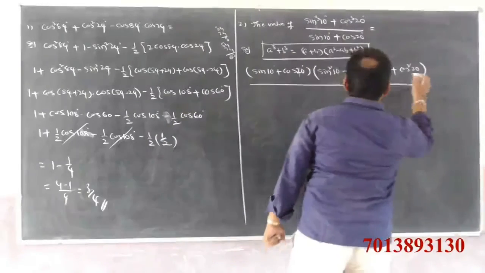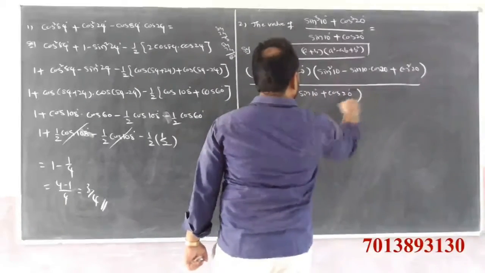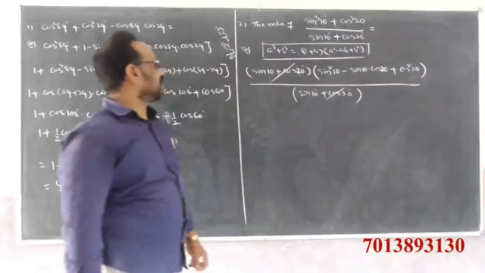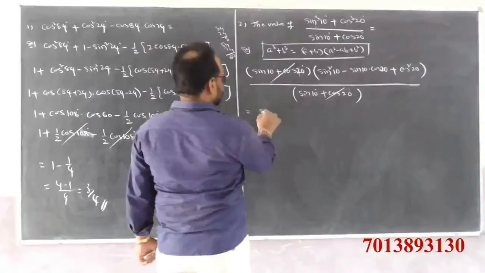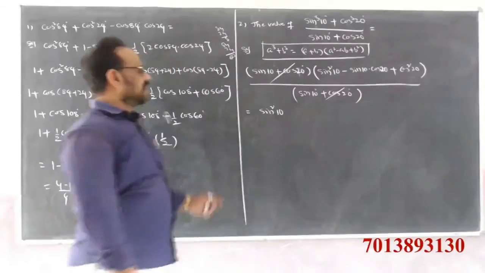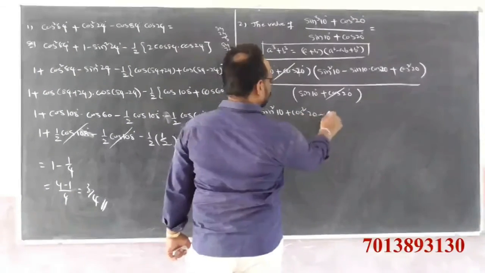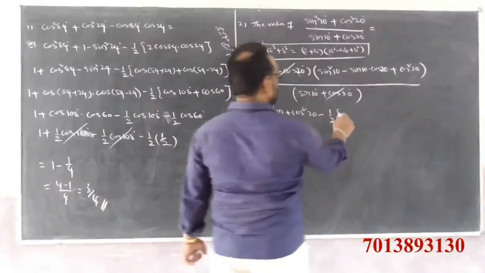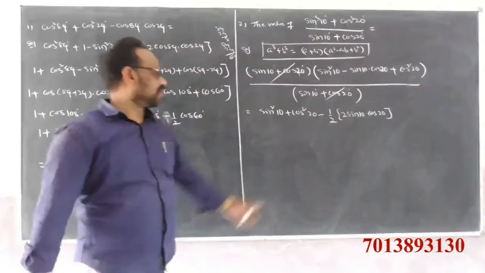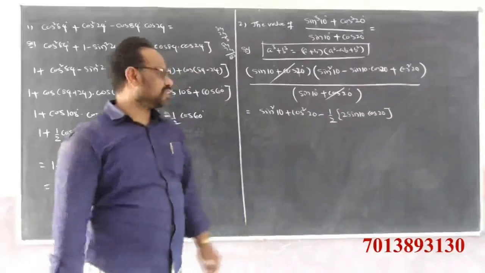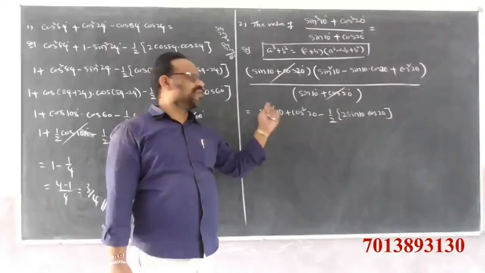In the denominator we have sin 10 plus cos 20. Clearly, this sin 10 plus cos 20 and sin 10 plus cos 20 get cancelled. That is equal to sin square 10 plus cos square 20 minus 1 by 2 into 2 sin 10 into cos 20. The 1 by 2 into 2 get cancelled, we have sin 10 into cos 20. So sin square a plus cos square b, we don't have any formula.